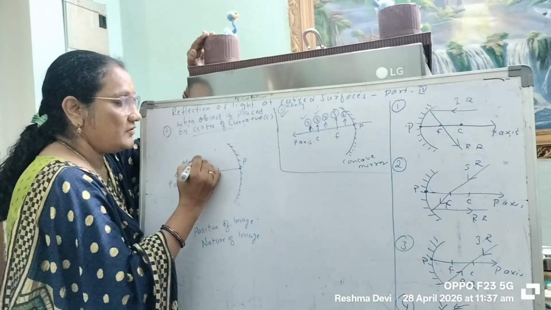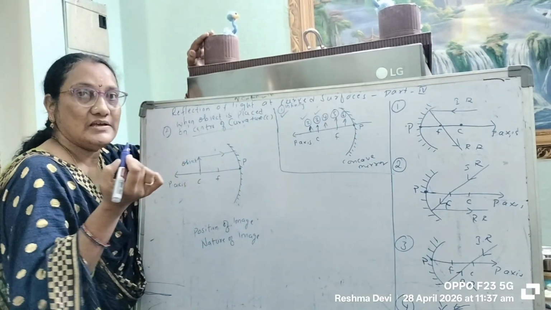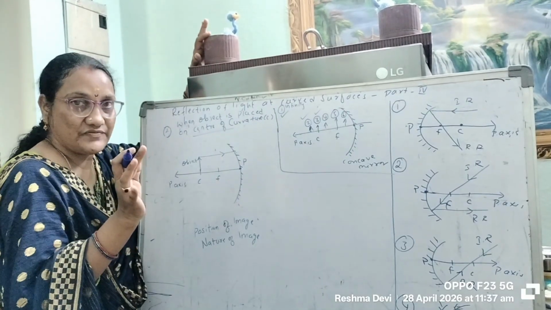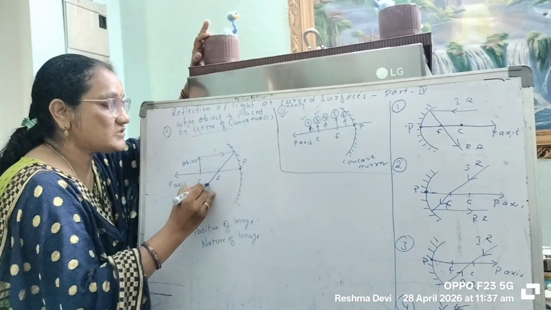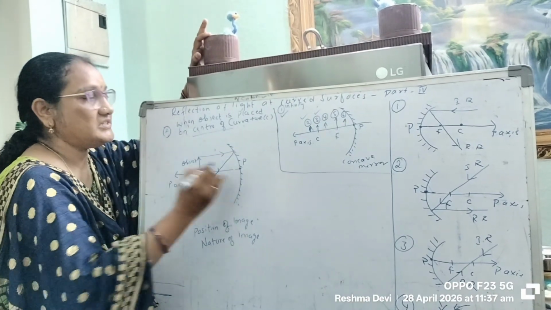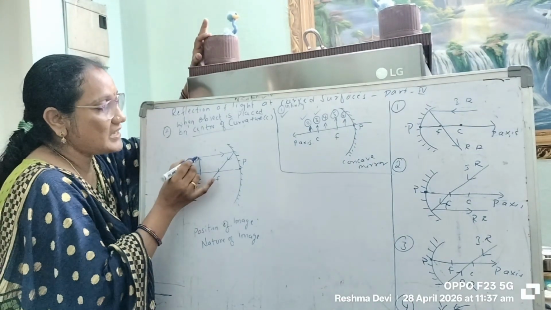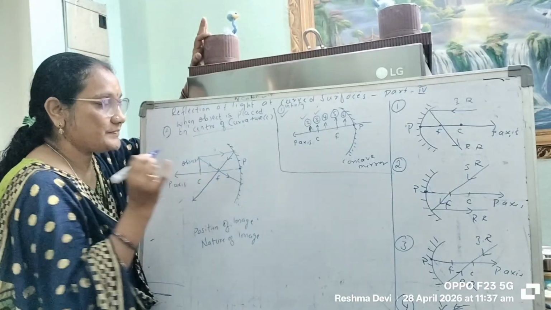Okay. First, a ray from the object parallel to the principal axis incident on the reflecting surface. What happens? Rule 1 says that it passes through the focal point. Finish. Next, make a ray to pass through the focal point.